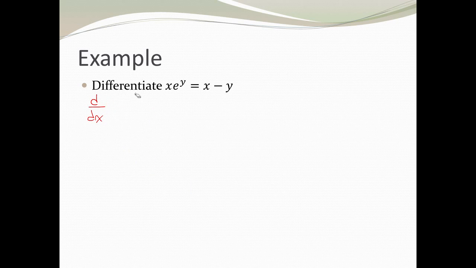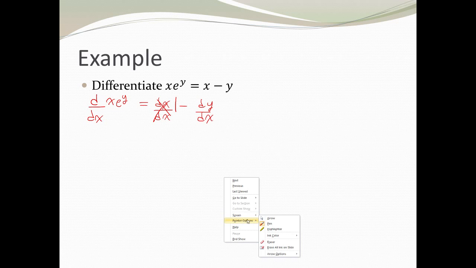We'll take the derivative of the first part, x e to the y, and the derivative of the second part, so this is dx by dx minus dy by dx. The derivative of x is just 1, so we can just leave it as 1.